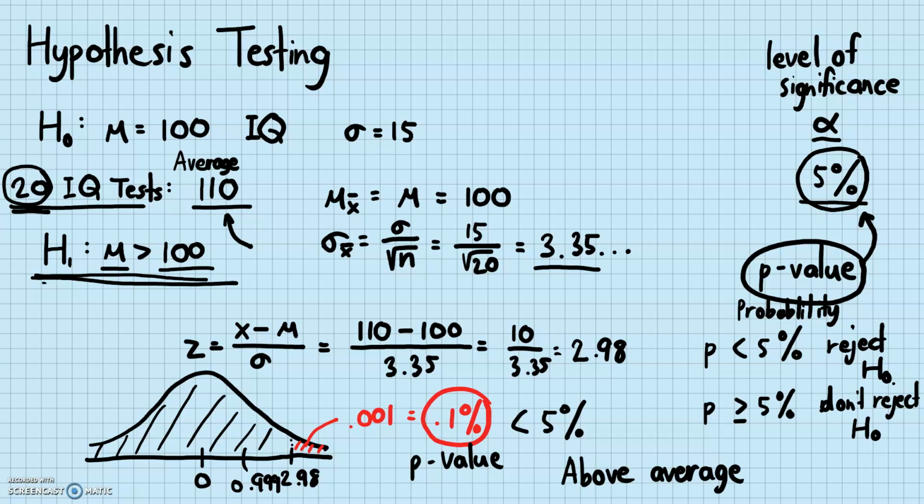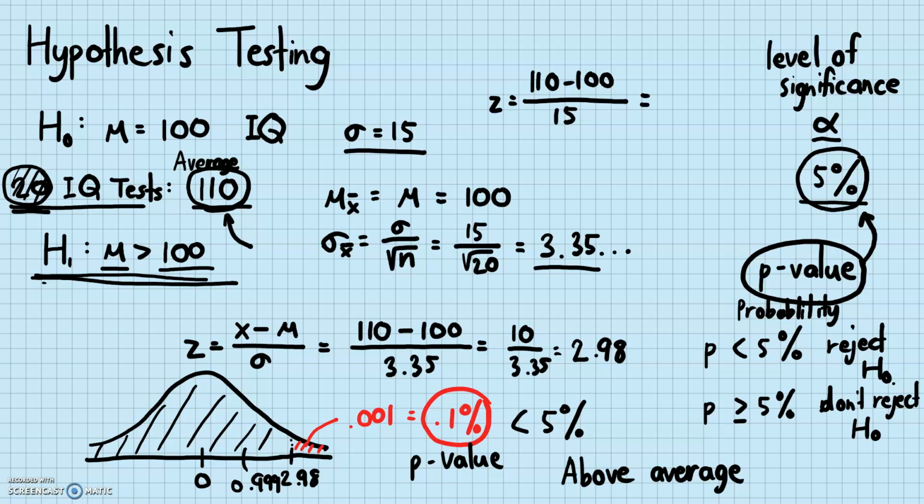Now, notice that if you got a 110 in just one of the IQ tests, so we're not using 20 here, then your z-score would be 110 minus 100 divided by 15. We're using this standard deviation because we're not looking at the average, we're just looking at one score.